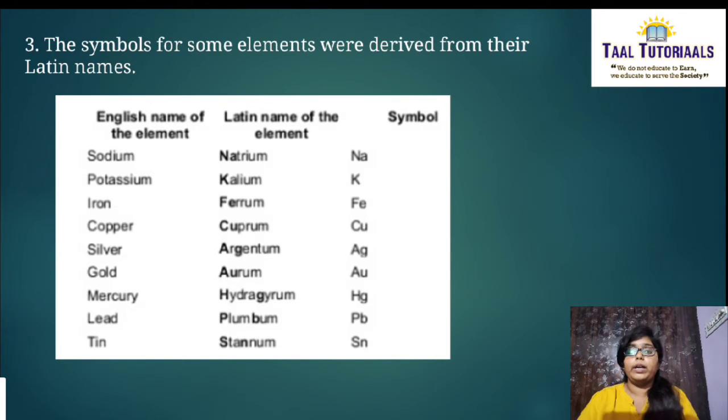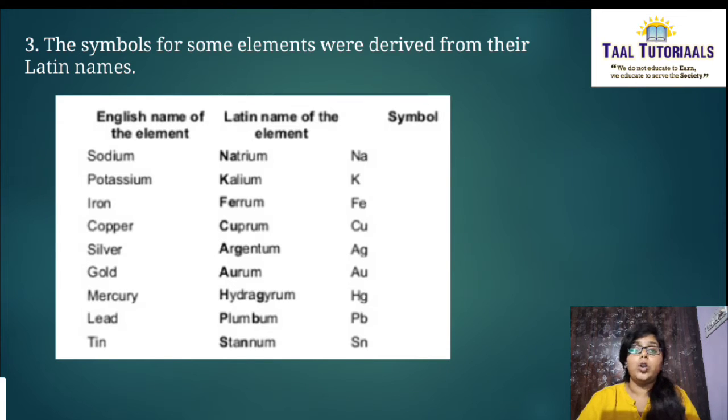Okay. Next, the symbols for some elements were derived from their Latin names. For example, sodium. Sodium in Latin we call natrium. So the symbol is what? Na. Natrium, Na. From the Latin names we are taking here. Okay. For potassium in Latin we call it kalium. That is we take K here. And for iron we take ferrum. Fe we have taken.